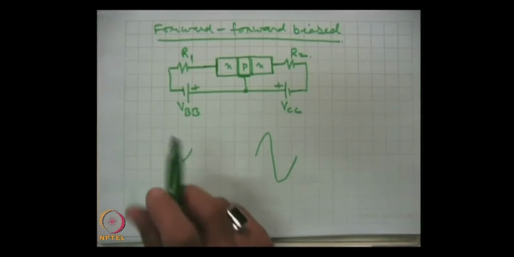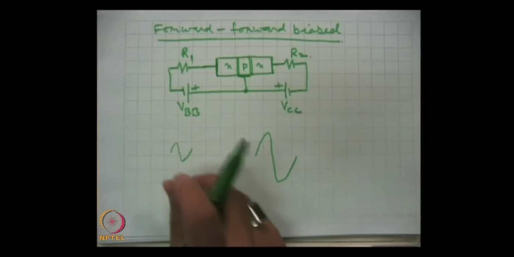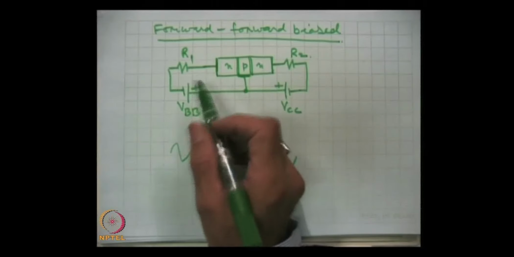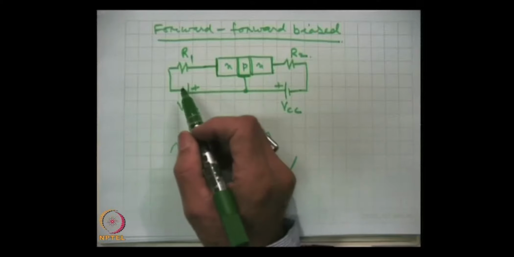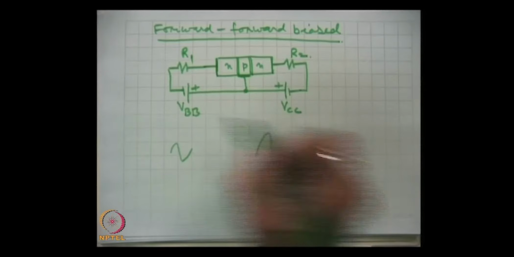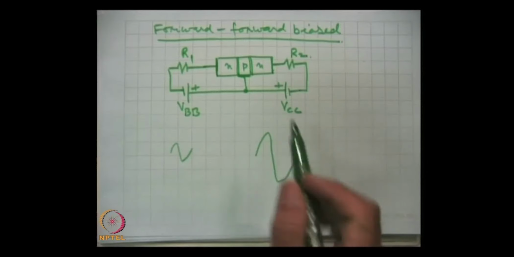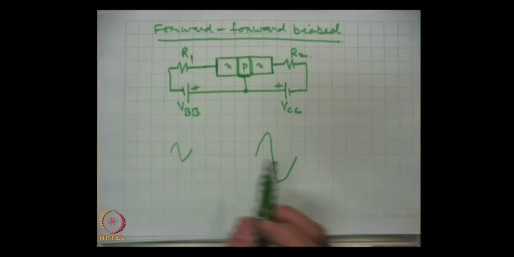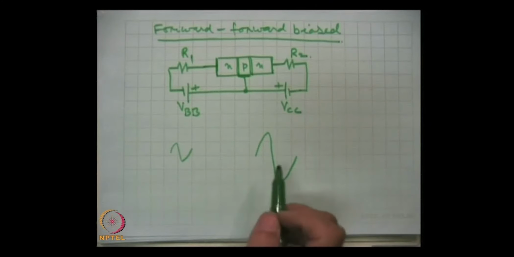I repeat, amplification is possible when the output current or voltage varies in synchronization, in accordance with the input voltage or input current. If the currents are not varying, if they are independent, we cannot expect amplification, or if they are not varying linearly, they have some other relationship, then the output wave shape will be different from the input wave shape.